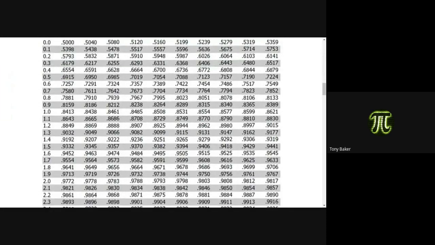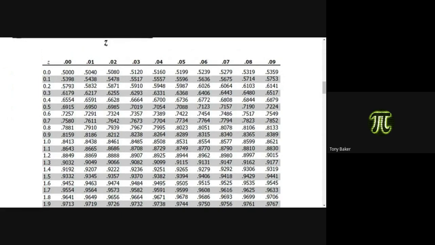Now, this is a one-tail test, correct? So we're not cutting that percentage in half. I mean, we're not looking at the outside. We're looking at 10% left over. So let's look for 90%. So 90%, we're at 1.28 is my z-score for 90%.